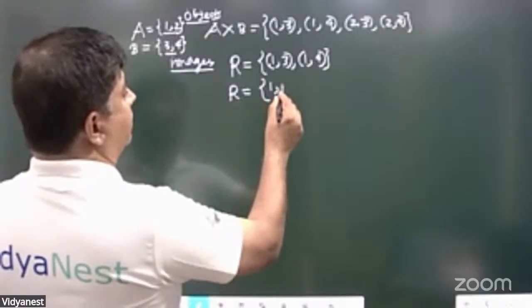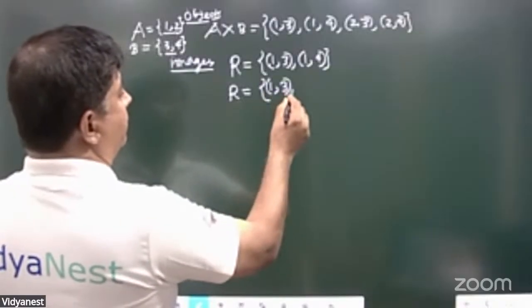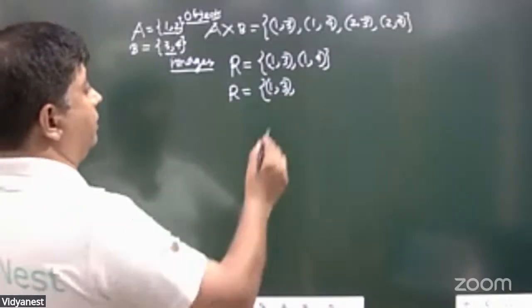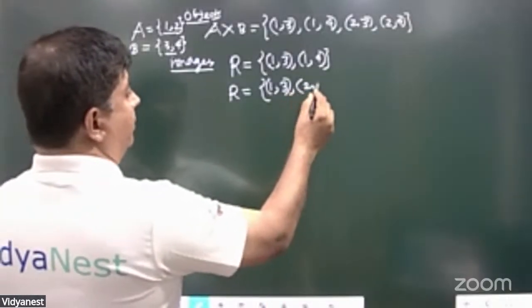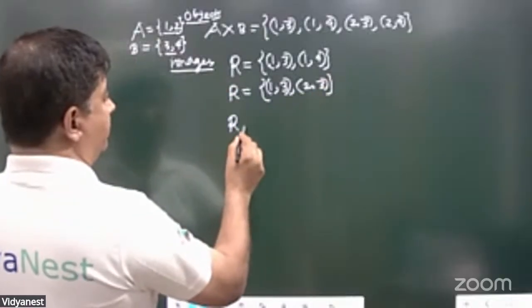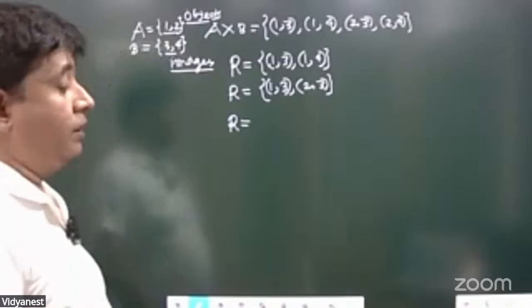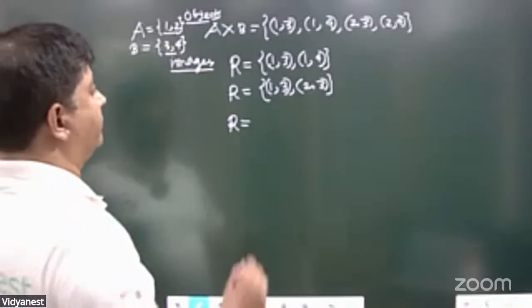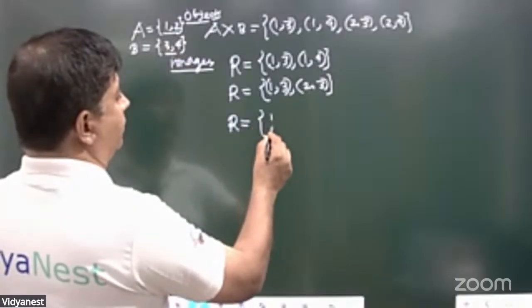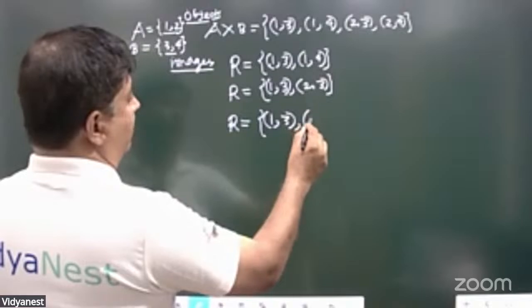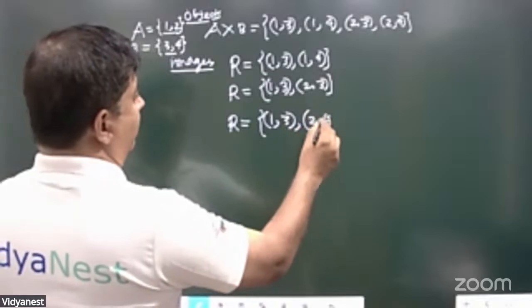See, father rang son and mother also rang son. Another set can be formed: father rang son and mother rang daughter.